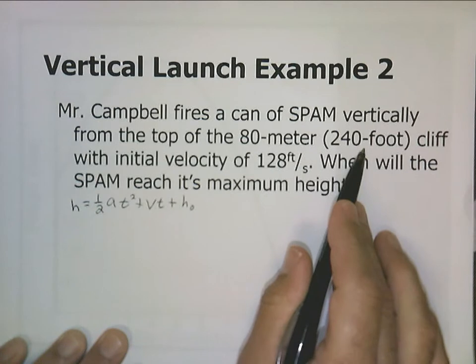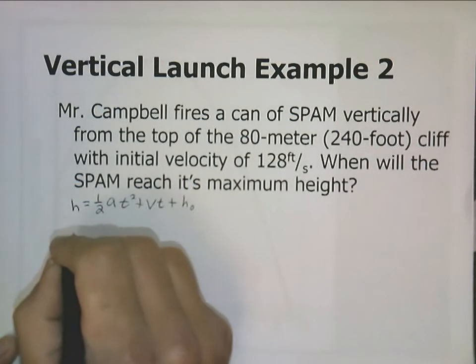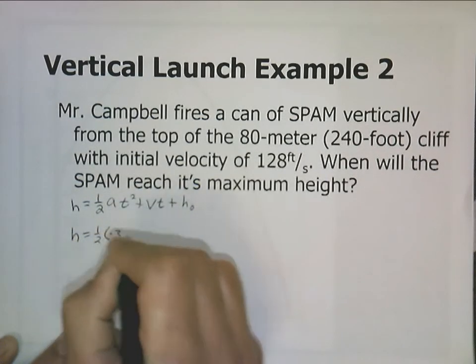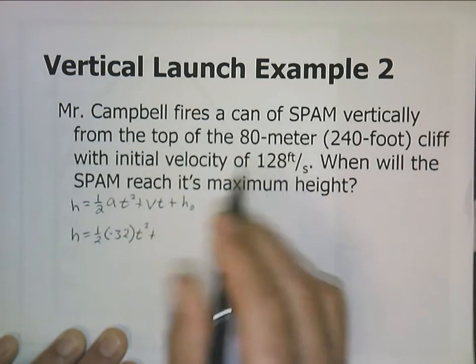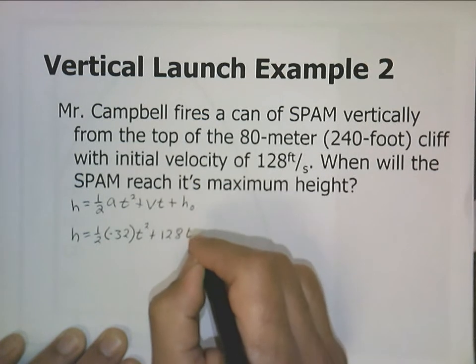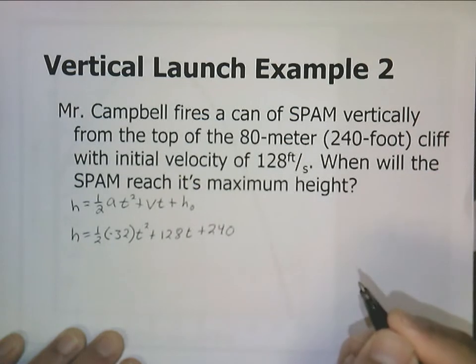Since the initial height is given in feet, we're going to use the acceleration given in feet per second squared. So h is equal to 1/2 times negative 32 times t squared plus the initial velocity, 128 feet per second, times t plus your initial height of 240.